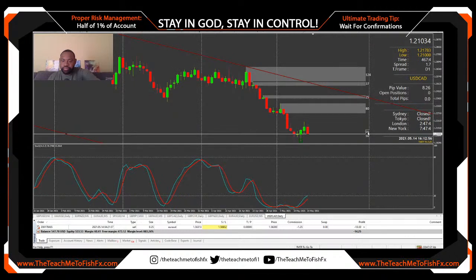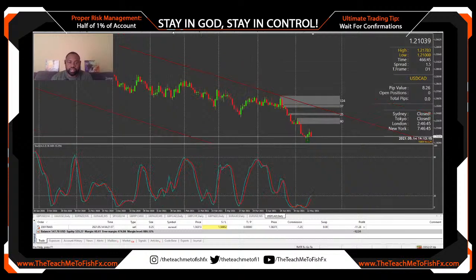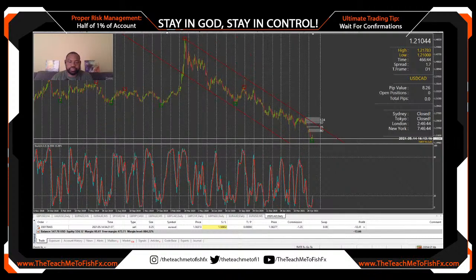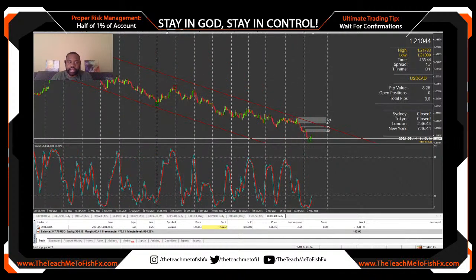Yeah, it may be at a point of exhaustion, but you can probably catch some quick bearish scalps before it gives us a little bit of a retest before continuing down to the bottom of this channel. Right now, USD/CAD, I would be looking for sells.